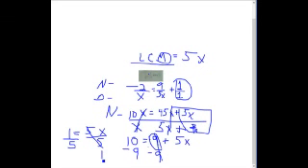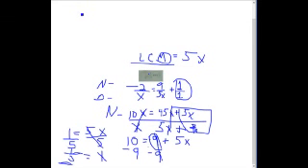That crosses out. We have x equals 5. Oh, I'm sorry. x equals 1/5.